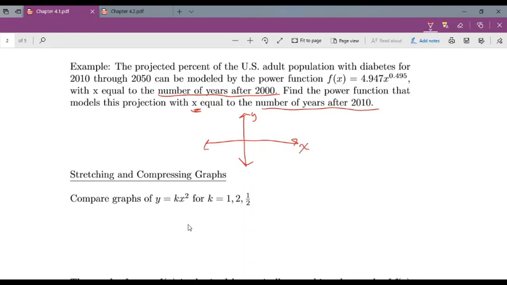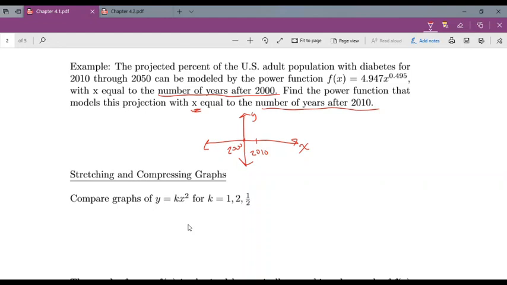All right. So if our 0 essentially starts at 2000, so we've adjusted it so that our new 0 here is 2000. But now we want to adjust it so that our new 0 is 2010, right? So essentially what we're going to want to do is shift our new 0 right to 2010.